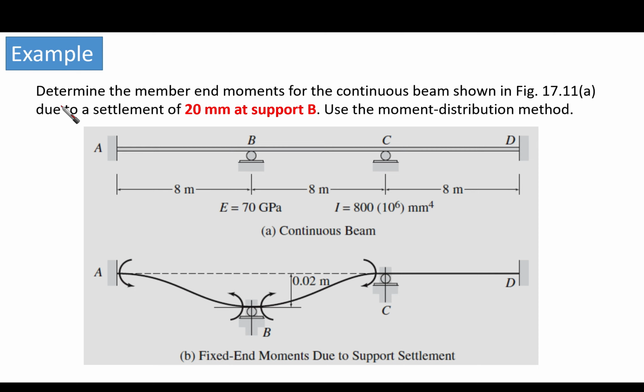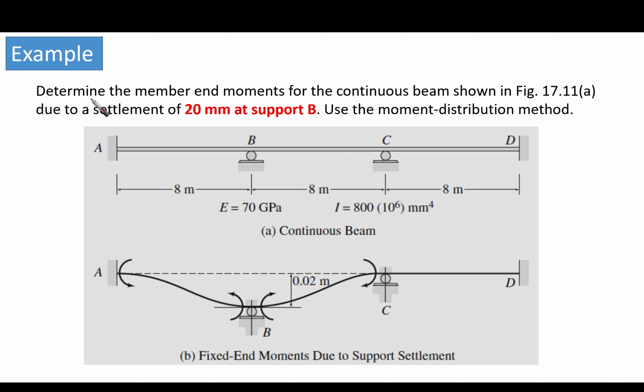In this example, as you can see here, we have a 3-span structure. It is fixed at A, and there is a roller at B and roller at C, and fixed at D. And the spans are equal here, 8 meters for each. The Young's modulus is given, and the inertia is given as well.